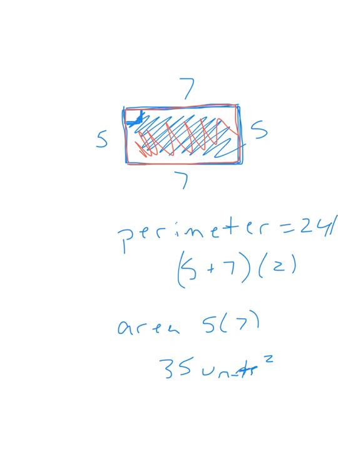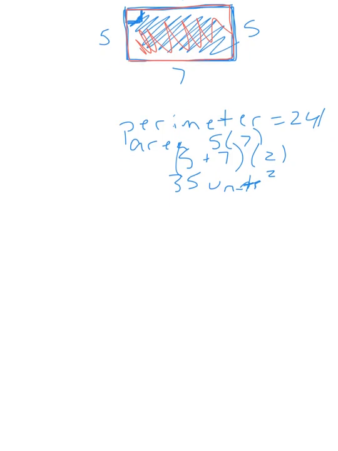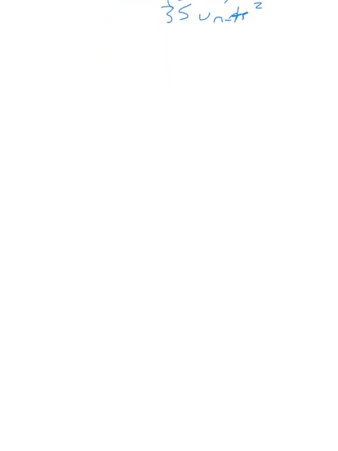Also what's neat is, another way to think about it, to really think about it for another concept, is think about all the different ways that you could create something. So let's say that somebody said, well, you have a perimeter of, let's say, 18. What could your area be?